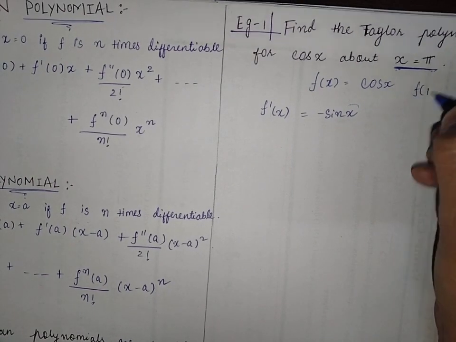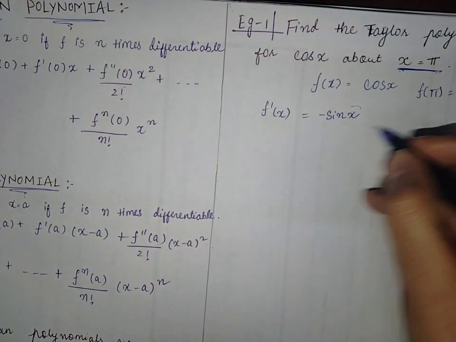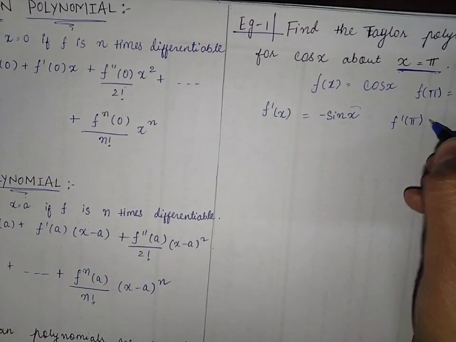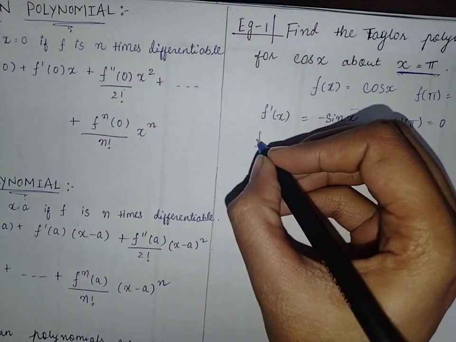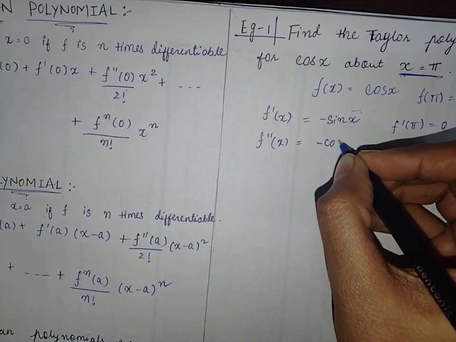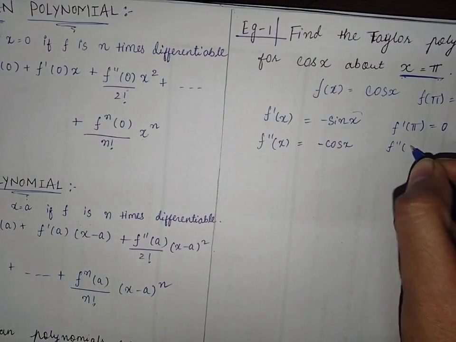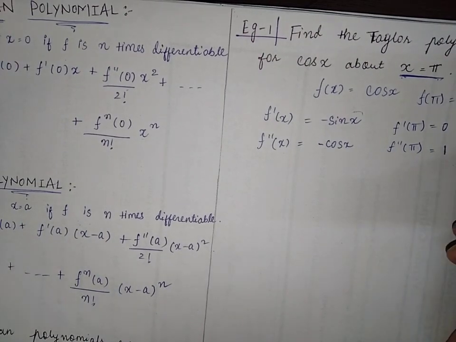So f of pi, cos pi, that is minus 1, and here also f dash of pi, sin pi is 0. Okay, we will find f double dash of x, that is minus cos x, and f double dash of pi, again if we put pi here then we will get 1.